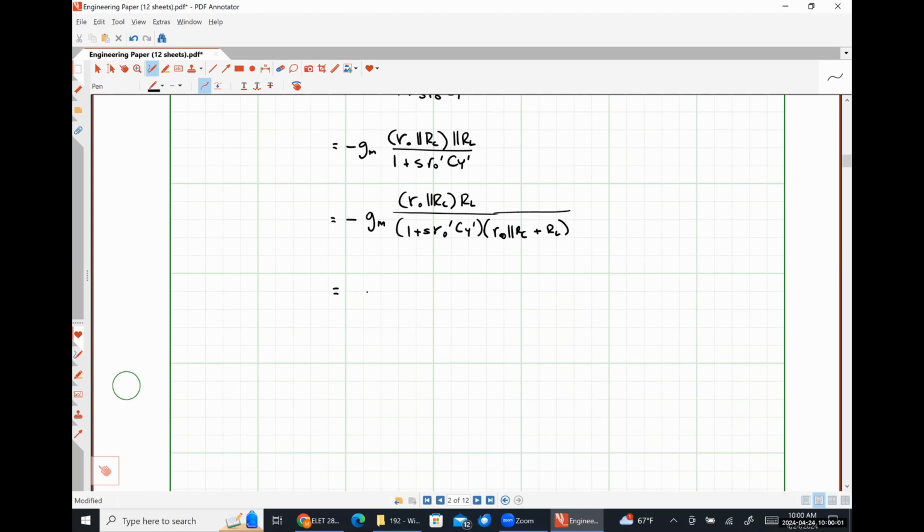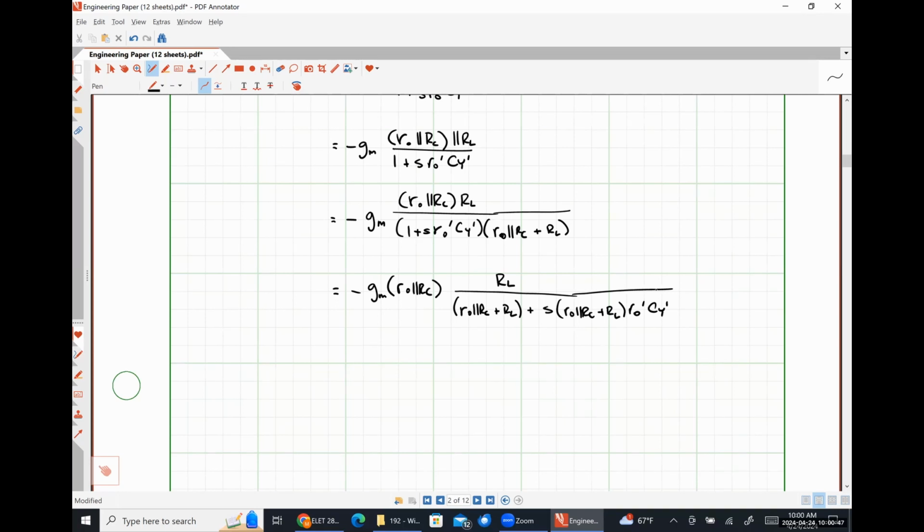So from here, I would have negative gm R naught in parallel with RC times RL over R naught in parallel with RC plus RL, plus s, R naught in parallel with RC plus RL times R naught prime times Cy prime.